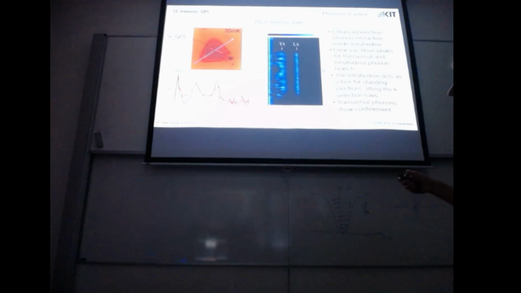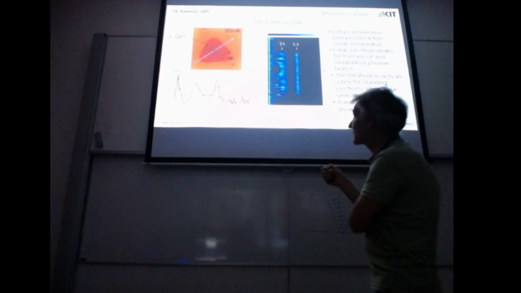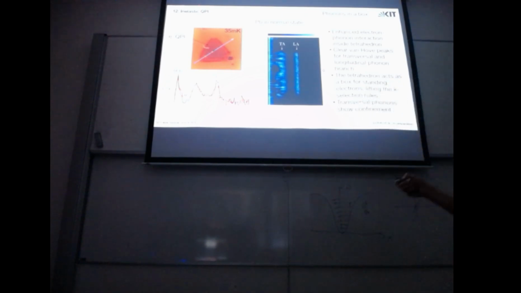There's some electronic QPI because, as I said, the electrons are reflected. And this is at 35 millikelvin under magnetic field. So this is an enormous spectrum. We can now measure inelastic phonon spectroscopy again, and we see, of course, the Lear-Schmidt function. But we can do it position dependent.